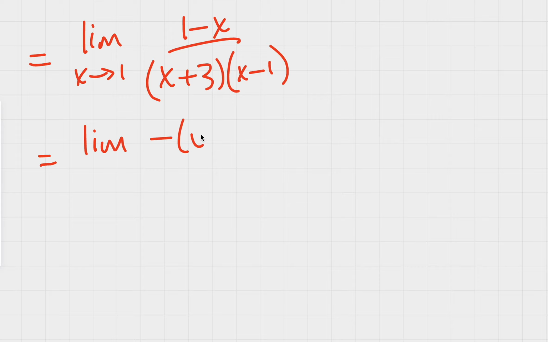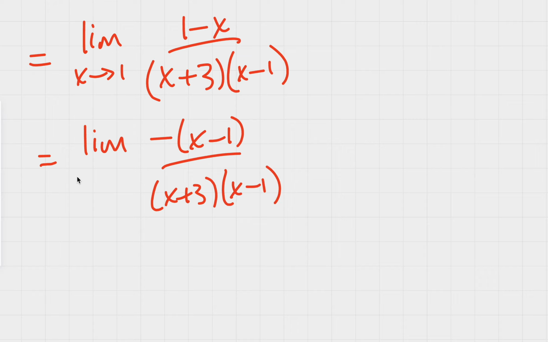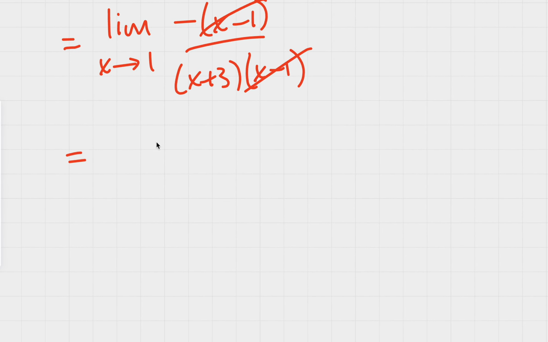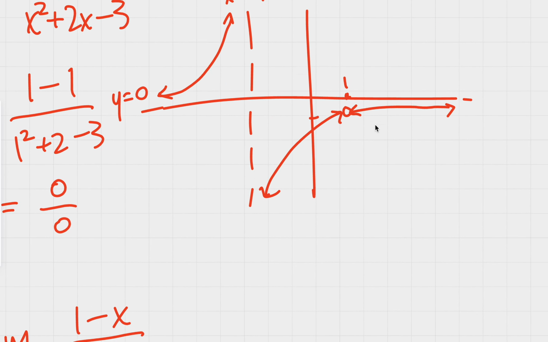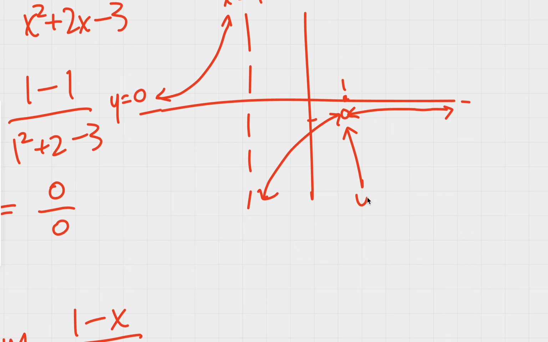So we get negative (x take 1) on (x plus 3)(x take 1). Okay, now we can cancel. So now we have limit x approaching 1 of -1 on x plus 3, which we can sub x equals 1 into and get -1 on 4. So this point that we're getting infinitely close to is y equals -1/4.